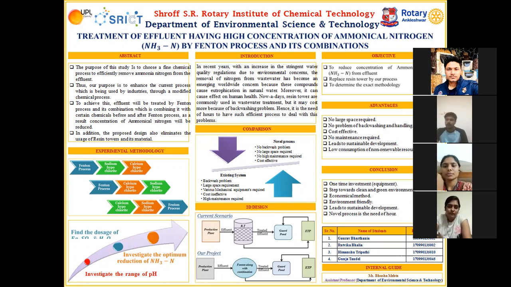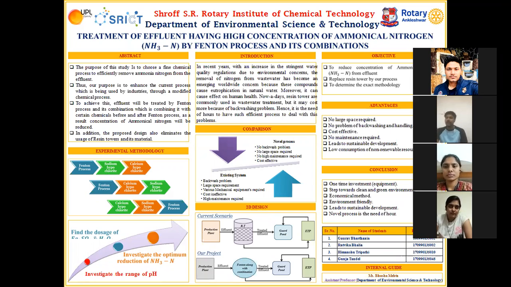Now, moving on to the 2D design, we have two flow diagrams. One is the existing design and the other one is our proposed design. In the first flow diagram, effluent which comes from the production plant gets treated with the resin tower and then is collected in the guard pond. But after some time, the resin tower gets saturated and it needs to be backwashed.